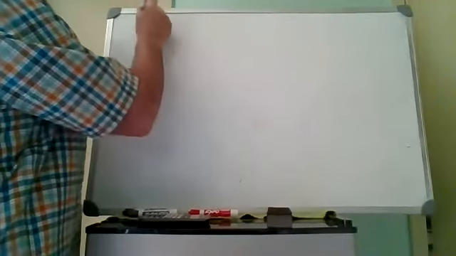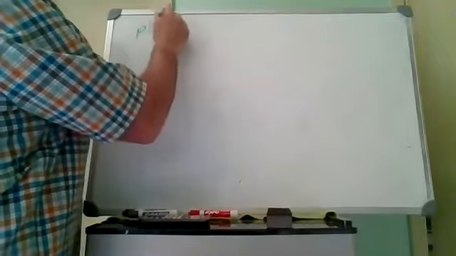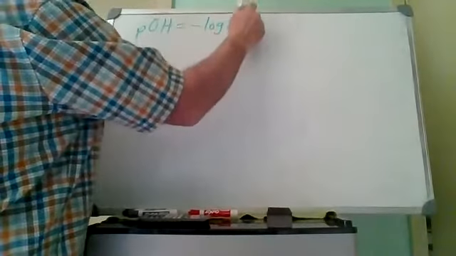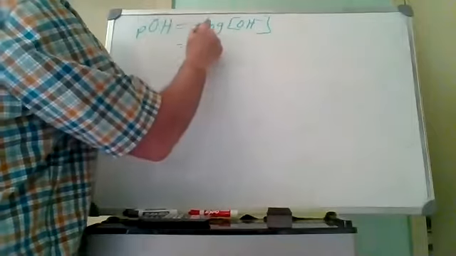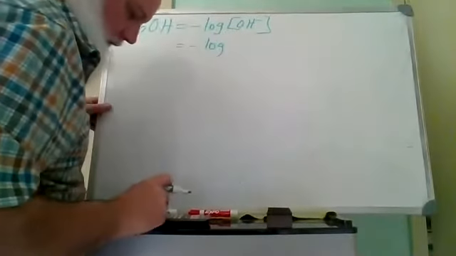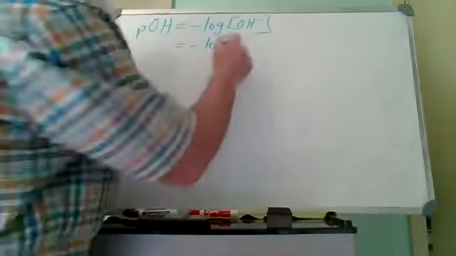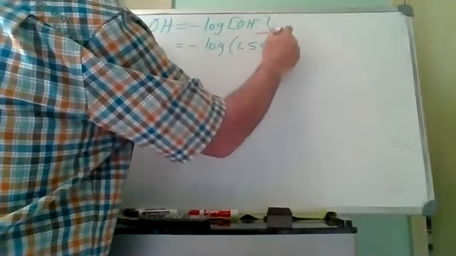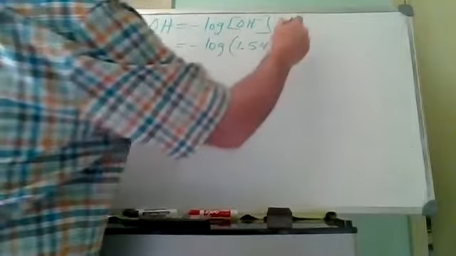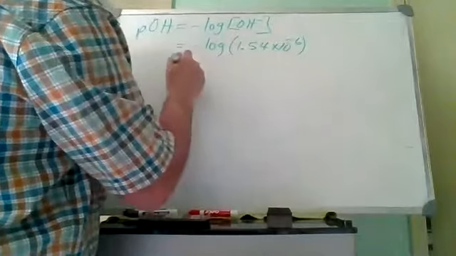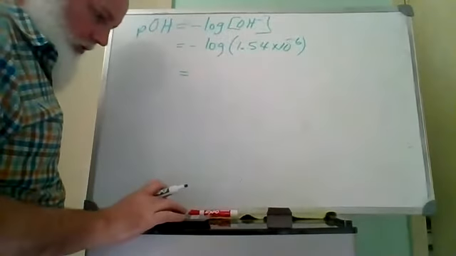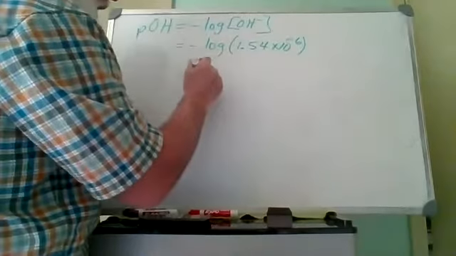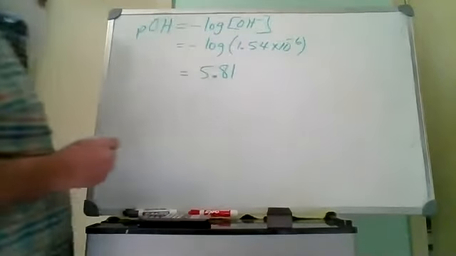I know that pOH is equal to negative log of OH minus, which is negative log of 1.54 times 10 to the negative 6, which equals 5.81. So that's the pOH.